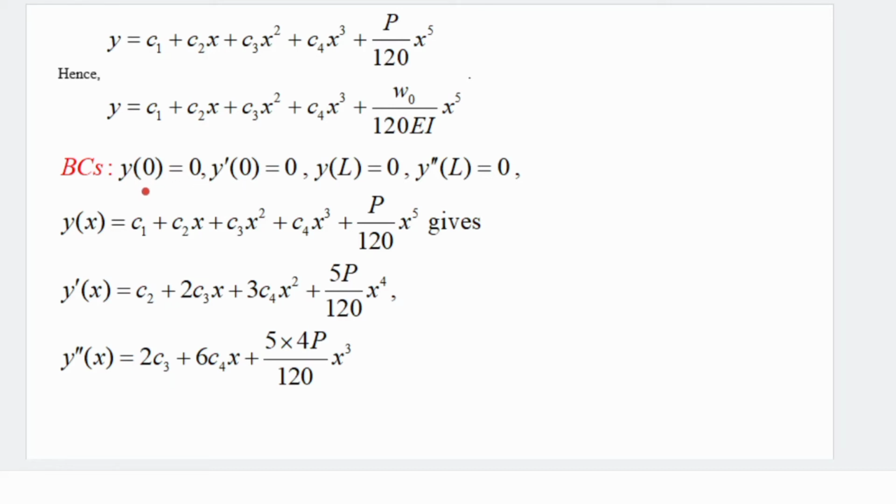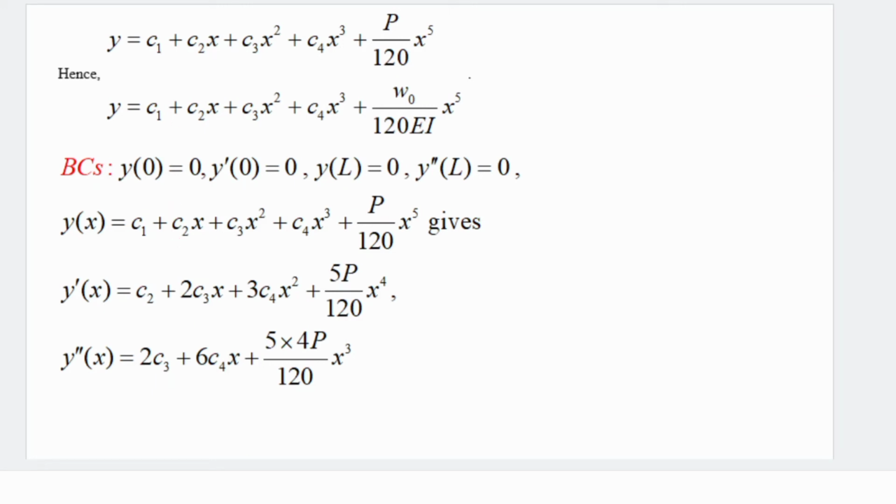That means when we put x equals 0 in the given equation, you can see here this one contains x, x, x, x. That means all terms become 0. That means we can say that C1 equals 0.